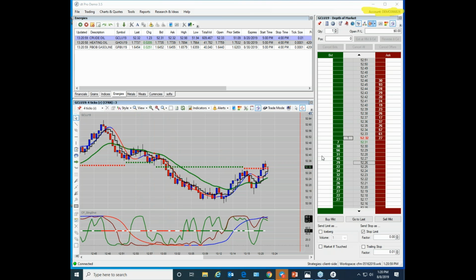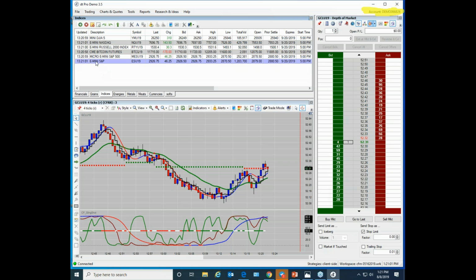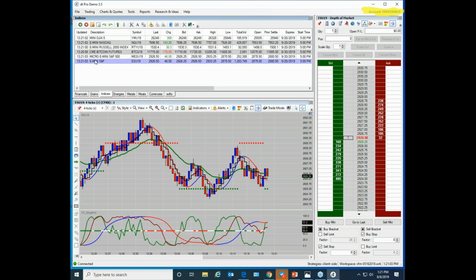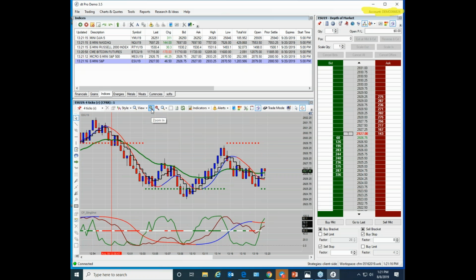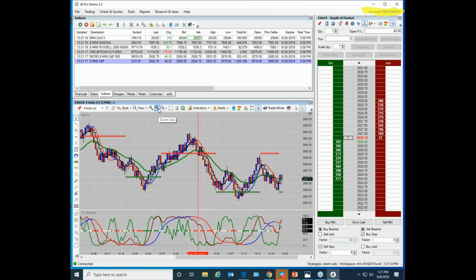So let's start with the indices. What's the first thing on your piece of paper? Are we trending? Underneath that, what I'd like you to do is write down, get in the habit of hitting this zoom out button. See this green and red magnifying glass?